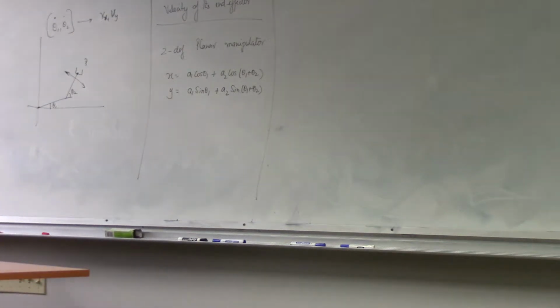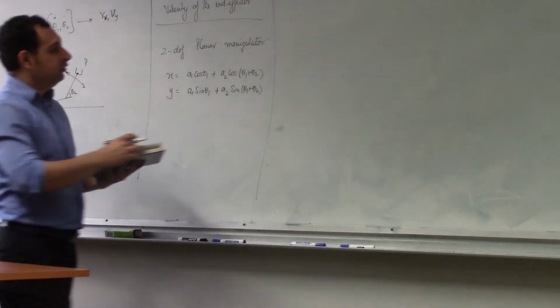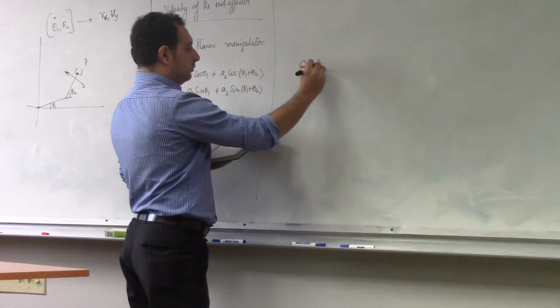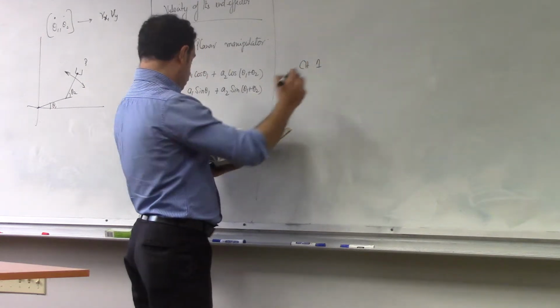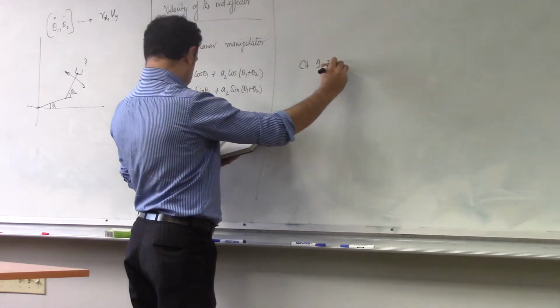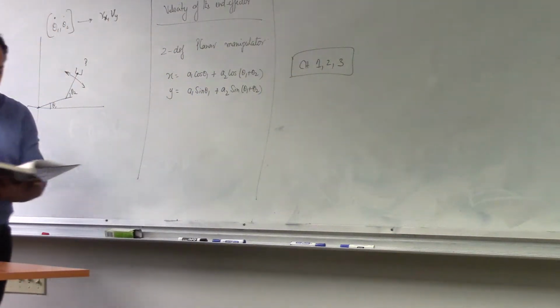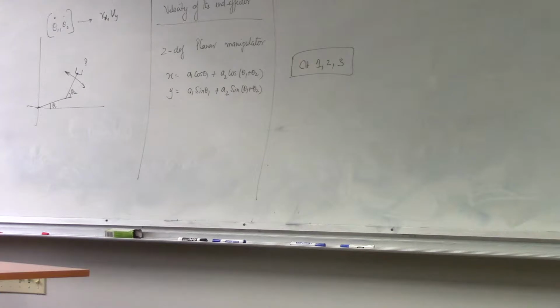Let me do one thing. For those of you who are following this, let me give you the chapter numbers for the midterm, just in case you need them: 1, 2, 3. 1 is basically introduction, 2 is your matrices and everything, 3 is forward and inverse kinematics.